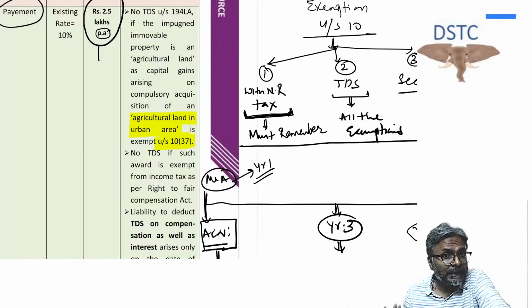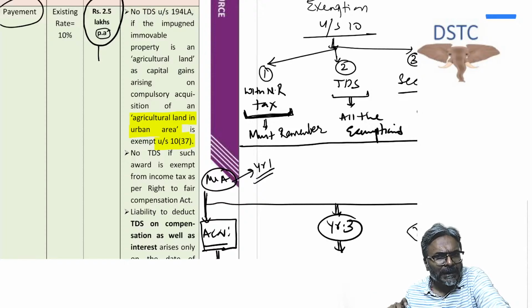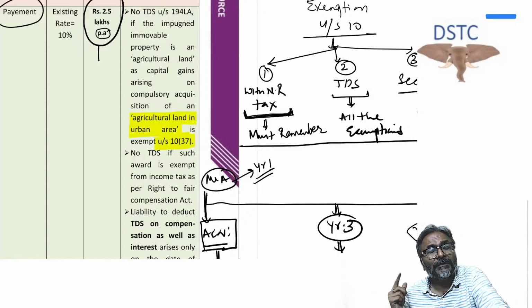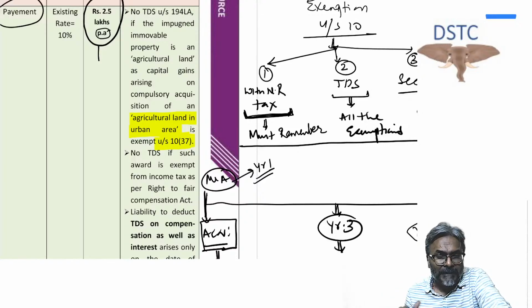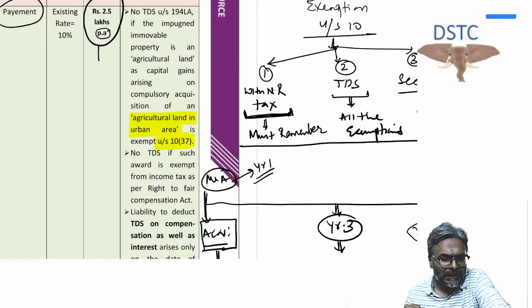If there is no income, the question of deducting TDS will not arise, because the amount paid towards compulsory acquisition of rural agricultural land is not an income in the hands of the payee recipient. If it is not an income in the first place, where is the question of deducting TDS? That is the point.